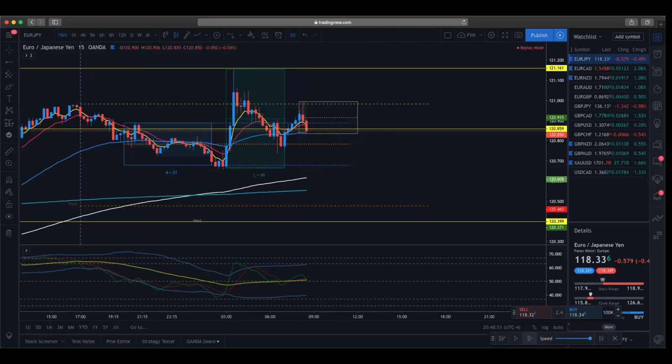All right, so anything different here? Let's see. That would have been, well, it doesn't matter. If you even went in super early on this, it would have only been 16 pips to the middle of the range, and then you'd be risking 12 essentially.